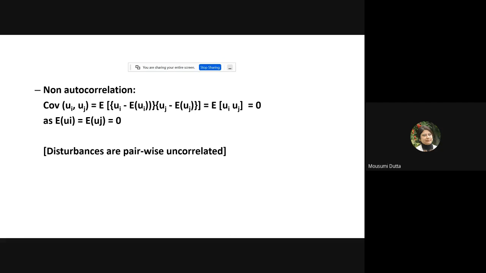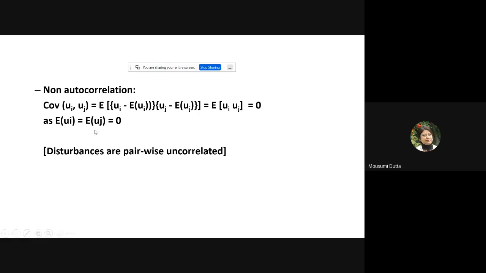So the covariance formula can be written as the expectation of (Ui minus expectation of Ui) into (Uj minus expectation of Uj). Now both expectation of Ui and expectation of Uj are equal to 0 by the first assumption, the assumption of unbiasedness of the error term.